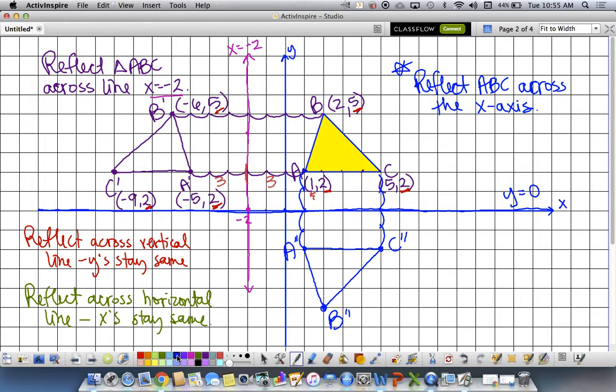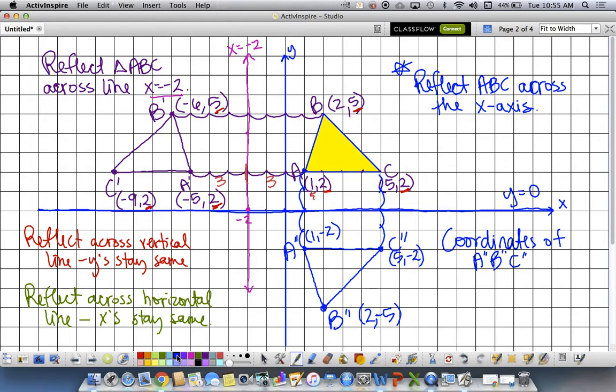What are the coordinates of A double prime, B double prime, C double prime? So A double prime is simply 1, -2. C double prime is simply 5, -2. B double prime is simply 2, negative 5. We've gone down.